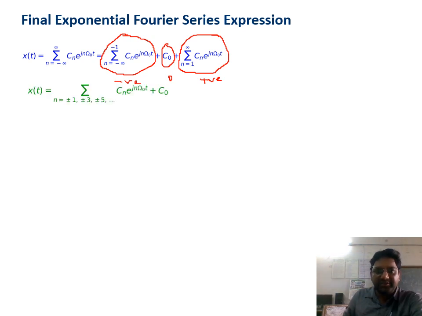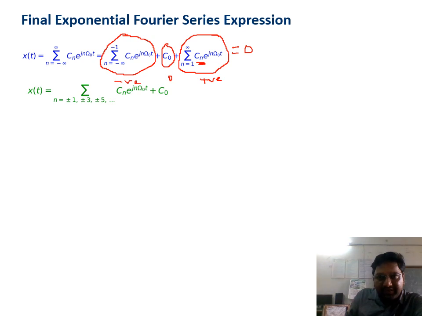Okay, let us look at the next part of the expression. We also know that the value of the even part is 0. We have determined the value of Cn for n even is 0, so automatically this component becomes 0. So we are left with the odd part and the 0 part.